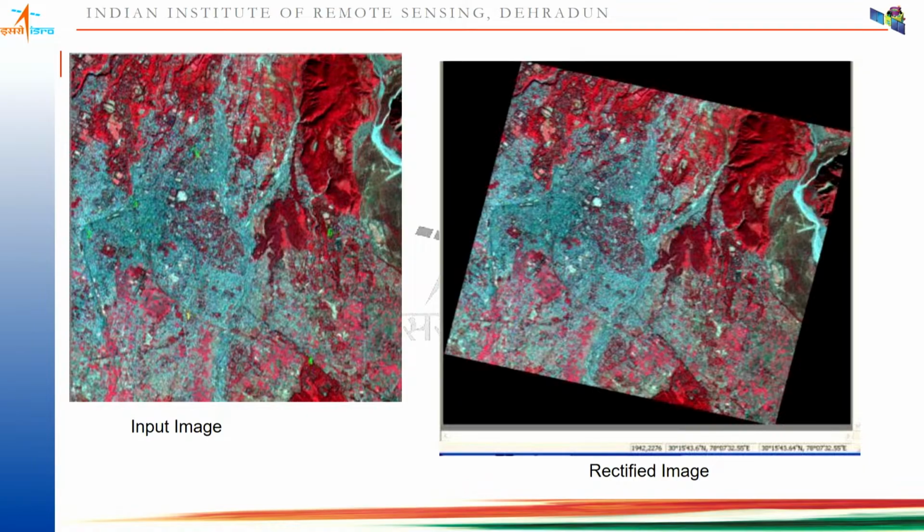So you don't have to do the step of radiometric or geometric error correction, because you are getting radiometrically corrected geocoded images. That means the images supplied by agencies have geographic coordinates attached to them.